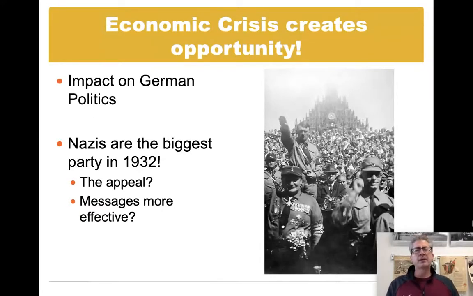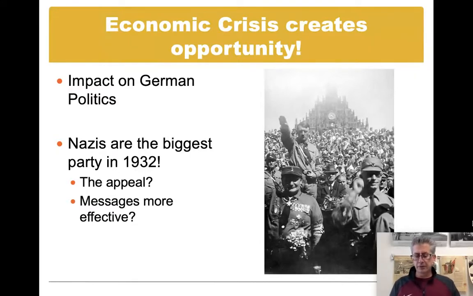The impact on German politics is that it begins to polarize it to a point where there are really only two viable options for German people in the 1932 election: either go with the communists or go with the Nazi Party.